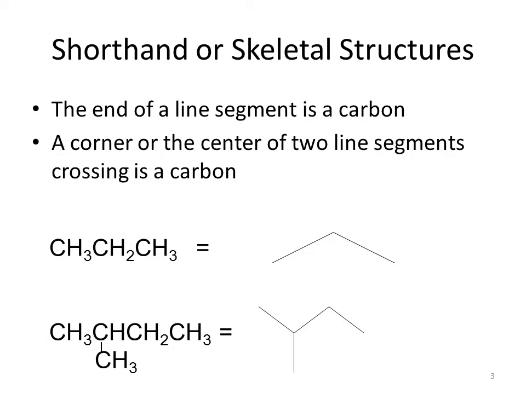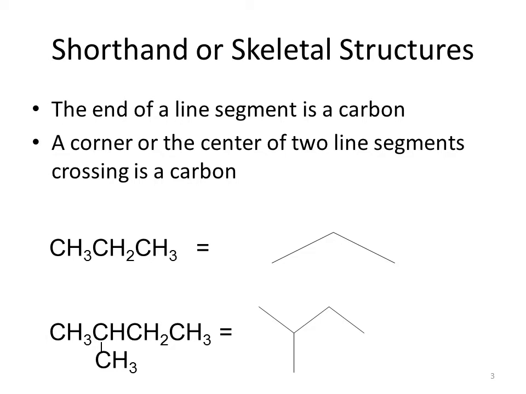We can figure out how many hydrogens are on each carbon by just knowing how many carbons are attached to the one carbon we're considering. For instance, in the top molecule, an end carbon is attached to only one other carbon, so it must have 3 hydrogens on it.